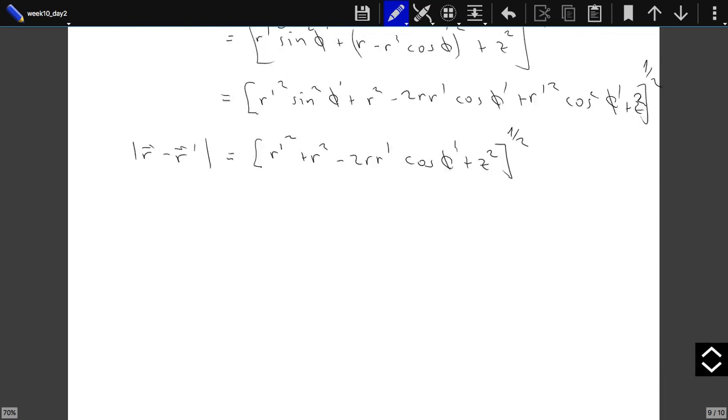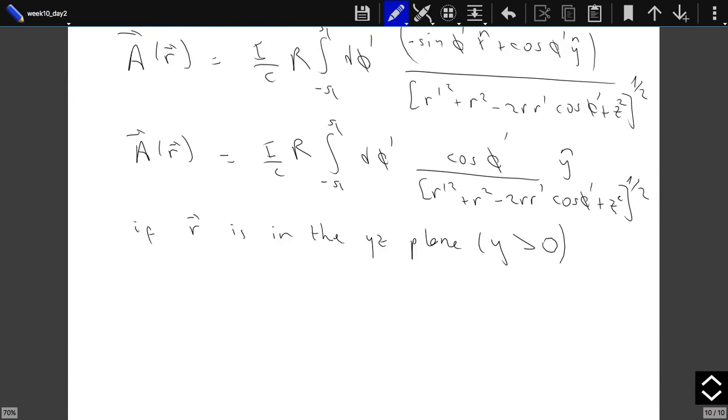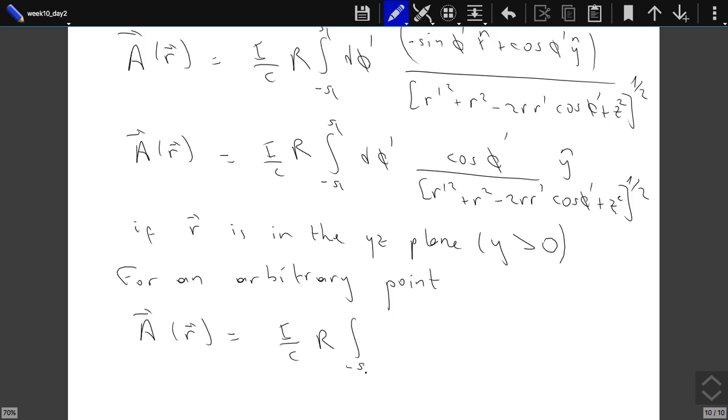Now I can generalize it. You see, for an arbitrary point, the A of R would be equal to I over C multiplied by R, integral from minus pi to pi of d phi prime cosine phi prime divided by R prime squared plus R, this factor.